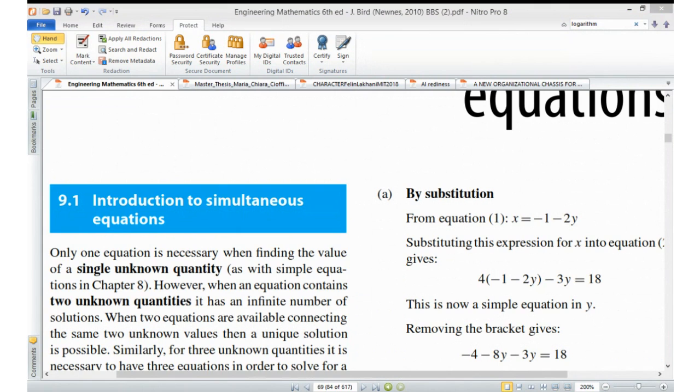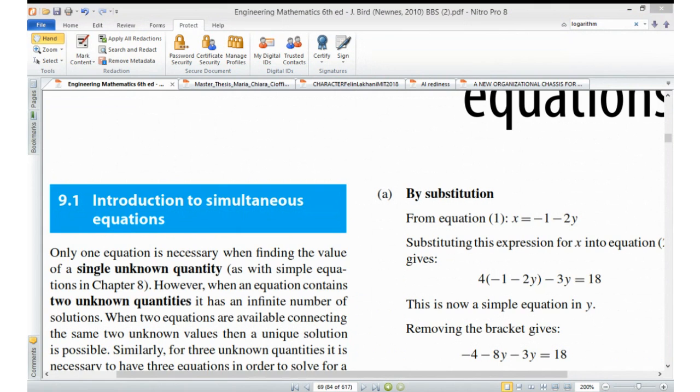You'll get to know the meeting point of the buying price and the selling price, so that you know the profit margin. That is when we put together two or more linear equations to solve real-life situations. That's what we call simultaneous equations.